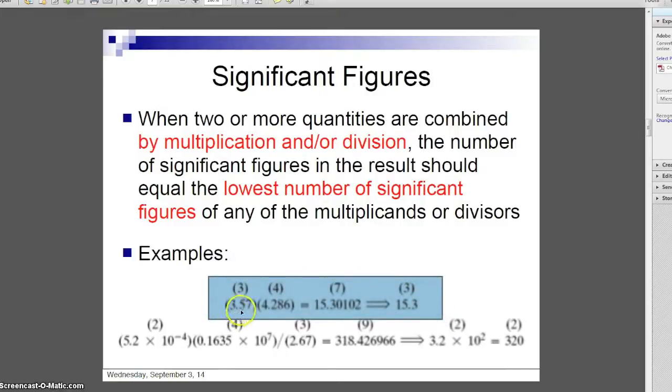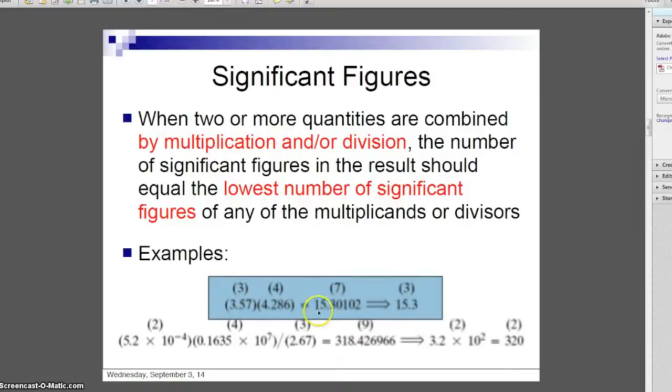So 3.57, that's three significant figures, times 4.286 with four significant figures, equals 15.30102. So that's 7 significant figures. Since we use the lowest number of significant figures of any of the multiplicands or divisors, and this is a multiplication, we use the lowest number, which is 3 significant figures.